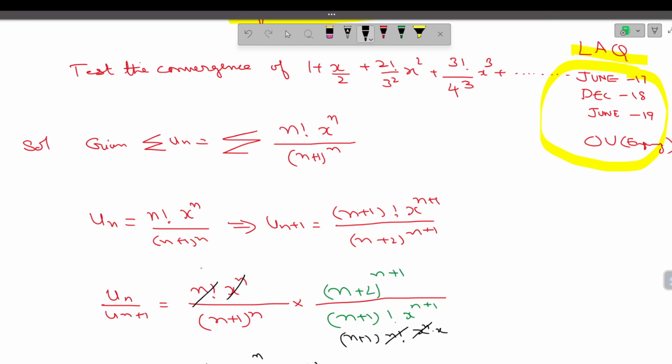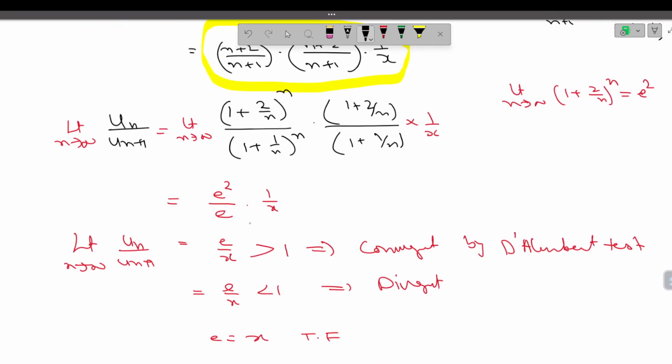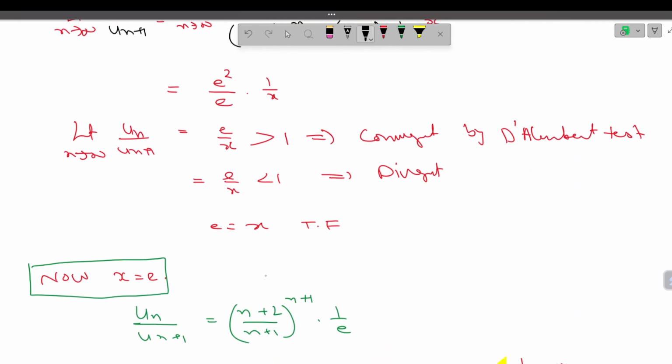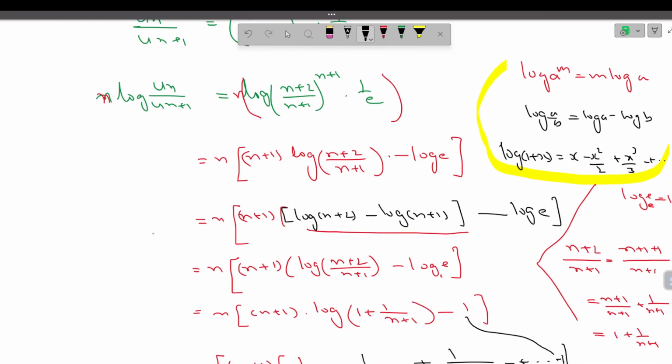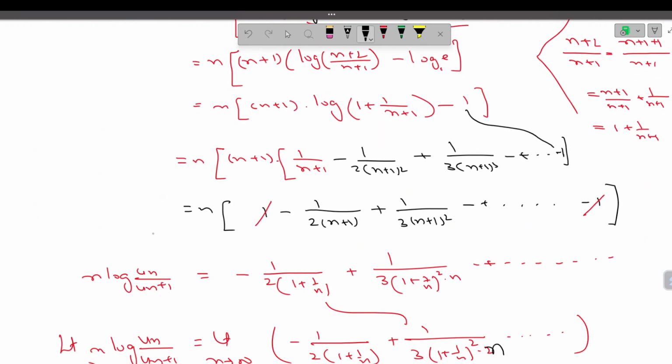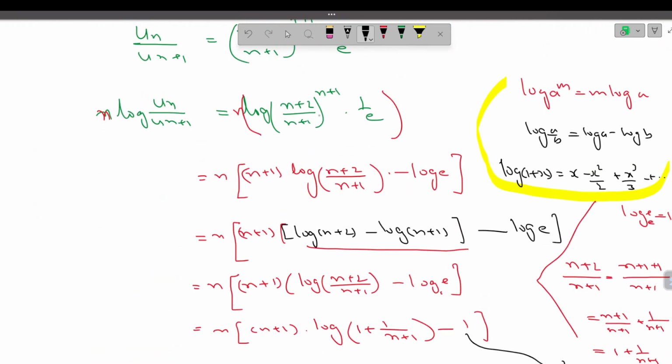See here. First we applied the D'Alembert test. The test says when x equal to e, the test fails. Whenever e comes in the problem, you have to go for the logarithmic test. Whenever another test is required, then we'll go for Raabe's test or other tests. But here e is involved in the problem, so we have to go for the logarithmic test. So applying logarithmic, then the logarithmic expansion of log. I have written the basic formulas that we have used here.